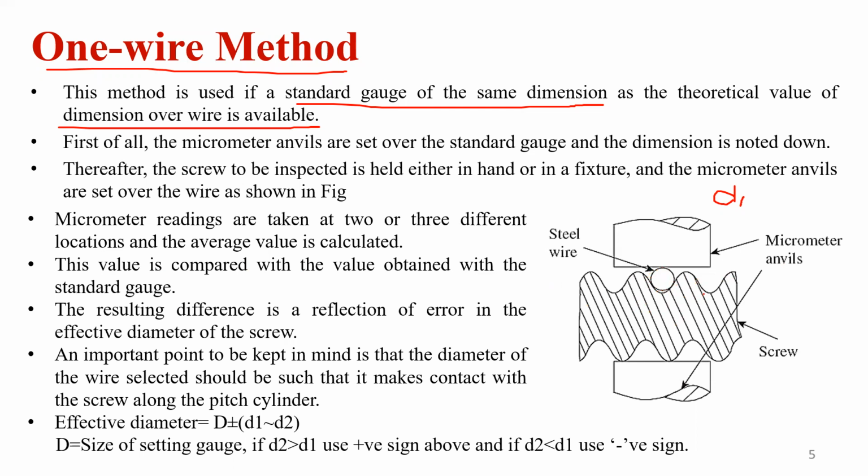Then the micrometer anvils are moved towards the steel wire and the crest points of the screw thread, and the measurement taken over the steel wire is D2. Here we can take the measurement over the wires at different locations.